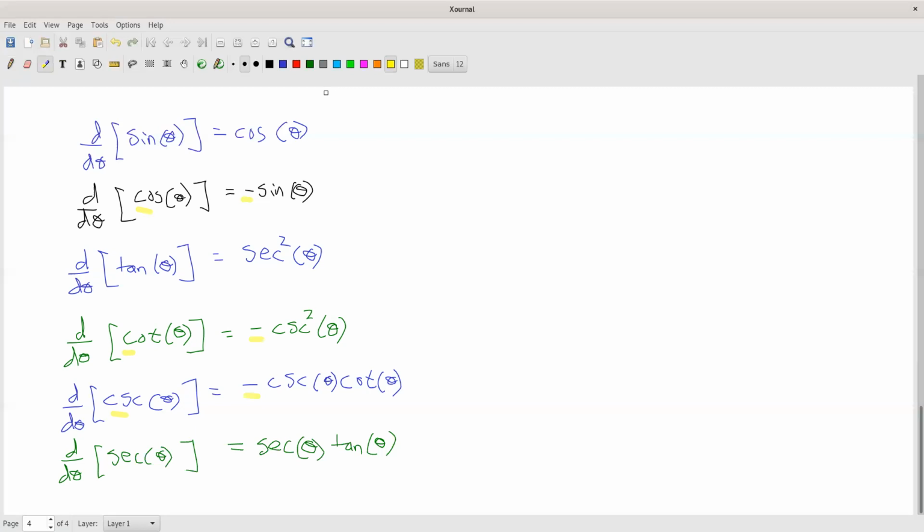So all the derivatives of the co-functions are negative, or at least have a negative multiple up front. So that's interesting pattern number 1. Interesting pattern number 2 is the way these functions switch between a function and its cofunction, right? So the derivative of the sine is its cofunction, cosine. The derivative of the cosine is its cofunction, sine.